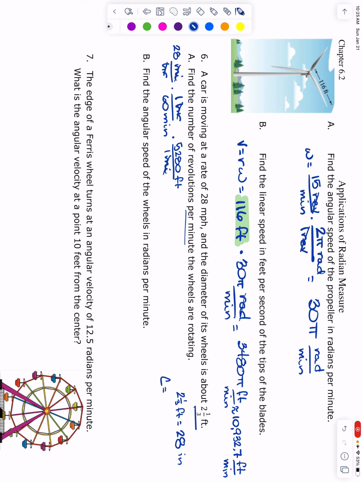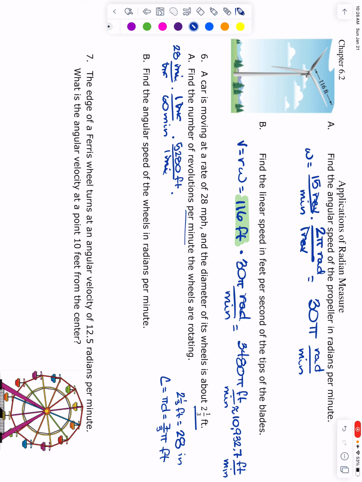Our circumference is pi times diameter. Our diameter is 2 1/3 feet, so we're going to go with 7/3 pi feet. Let's do that. Times.